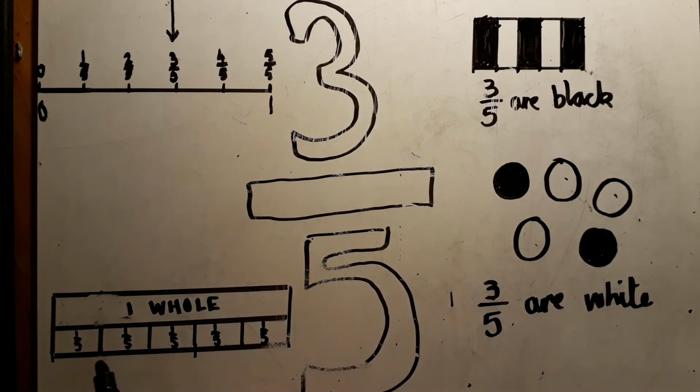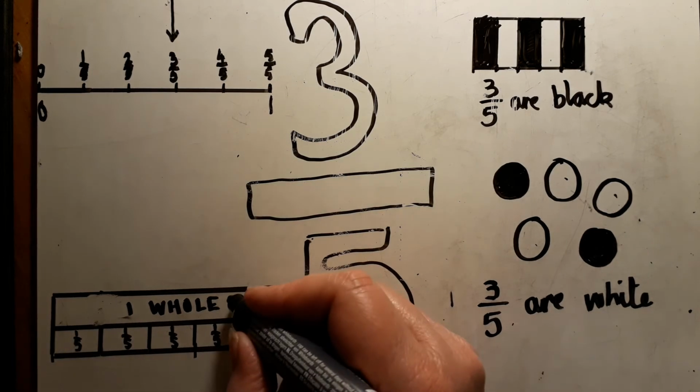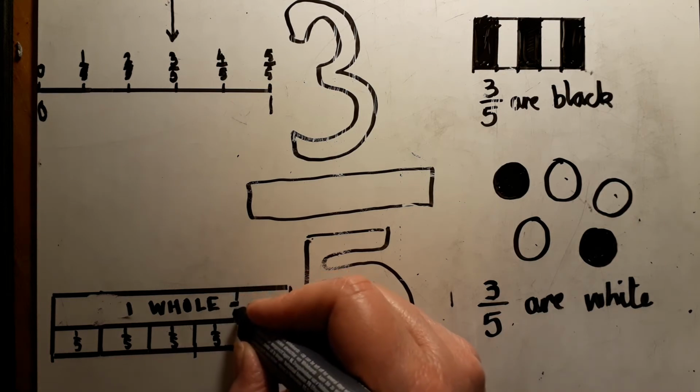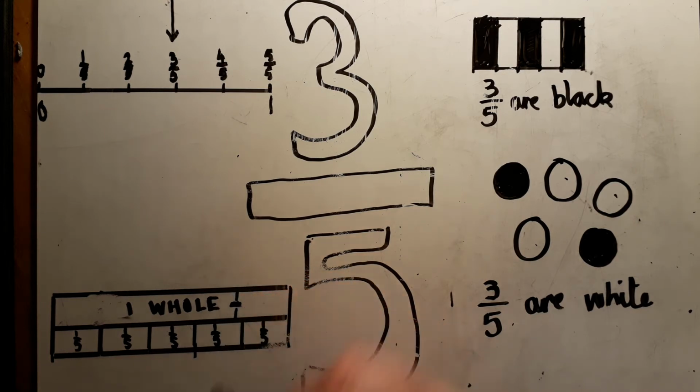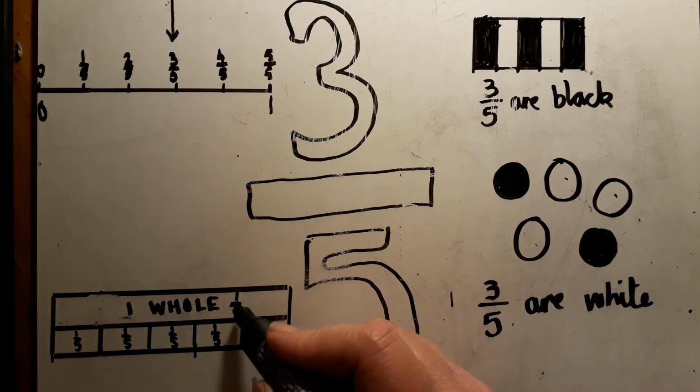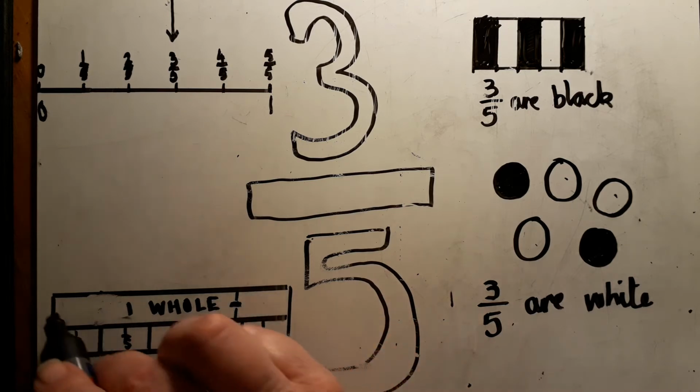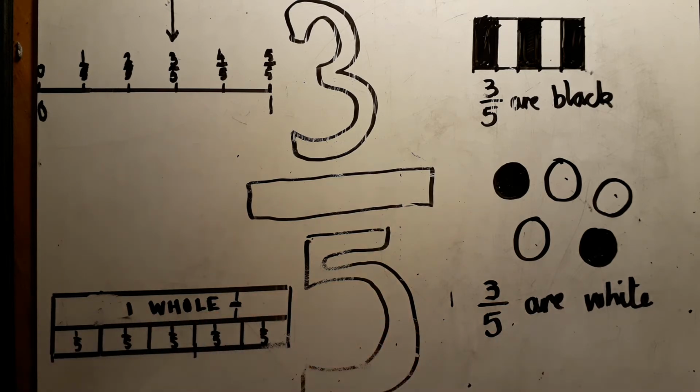And my last model shows you a bar model where each bar is the same value. So this is the whole, 1 whole, which can be written as 1 over 1, because there is 1 part in this bar.